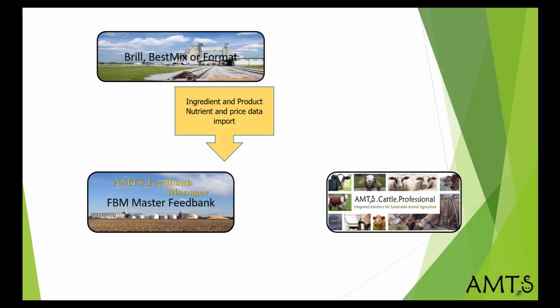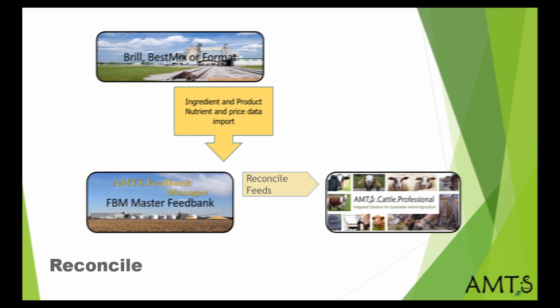We've moved the feed and data from the mill software into a user feed bank. Now we'll see how this information gets updated in AMTS feed banks and recipes in the cattle and small ruminants program.